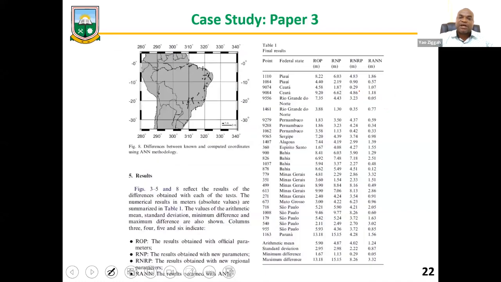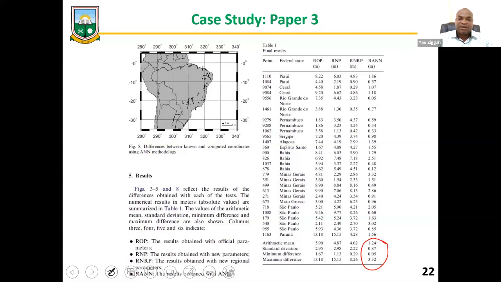So in his work, what he did was to look at the official parameters that are being used, the results that were obtained with these new parameters, and then the new regional parameters, as well as the ANN. So when you look at this column here, which is giving you the ANN result, you realize that the arithmetic mean, the standard deviation, the minimum difference and maximum difference for the ANN were very low as compared to the conventional models.